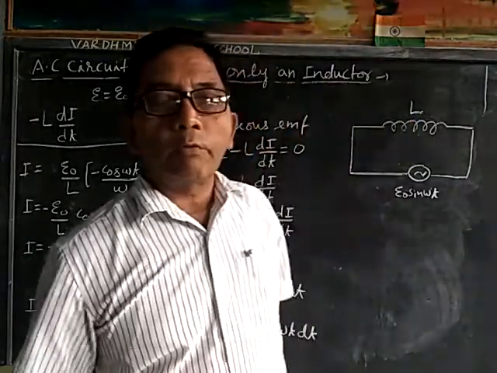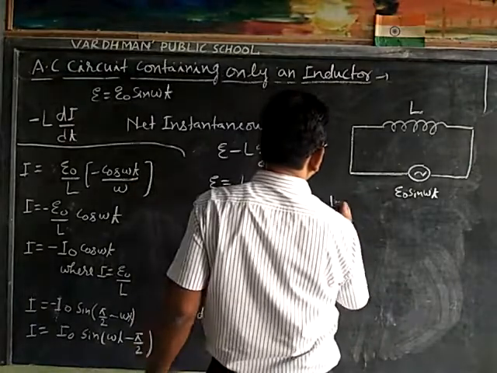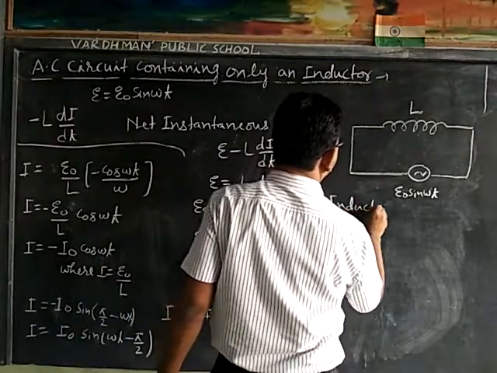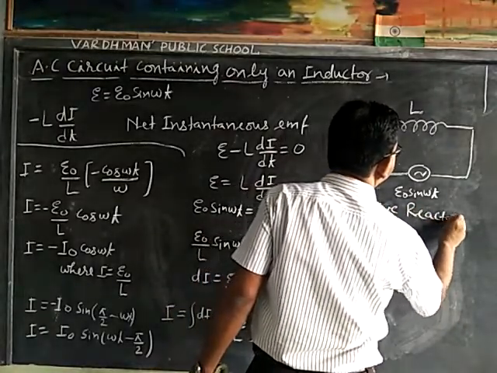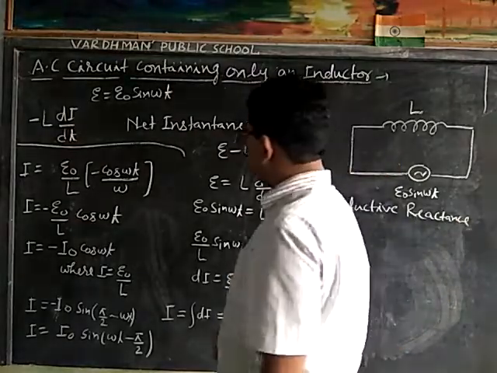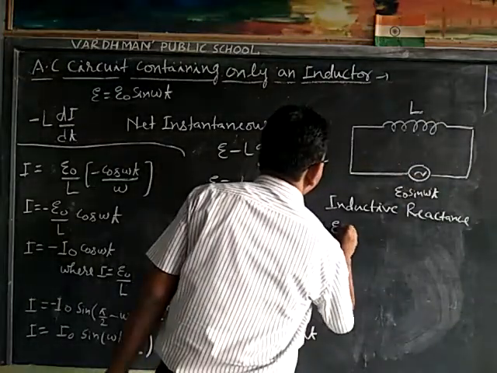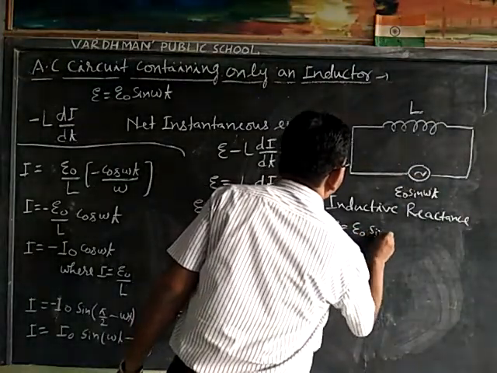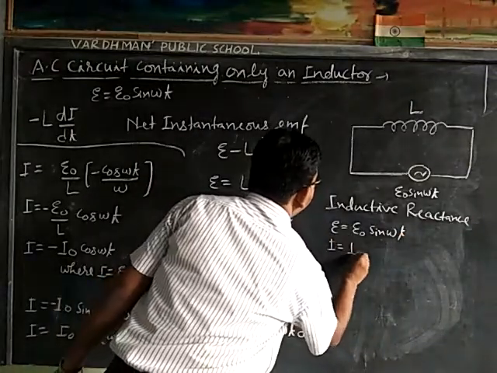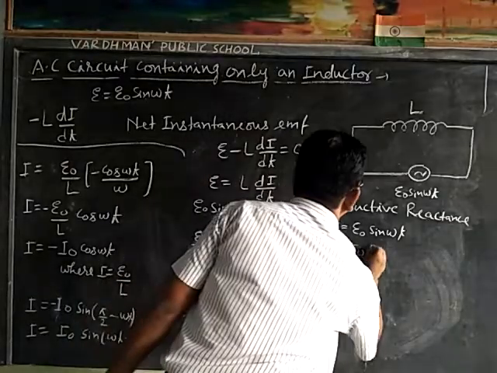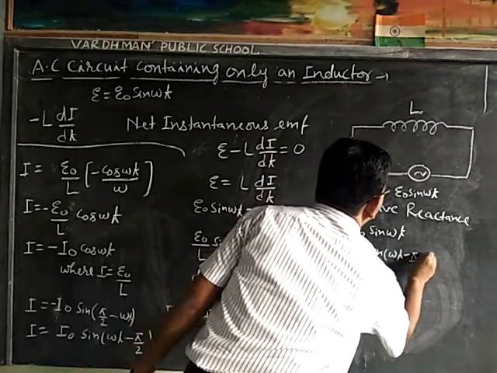Now, what is inductive reactance? Now we see E is equal to E0 sin omega t, and I is equal to I0 sin omega t minus pi by 2.